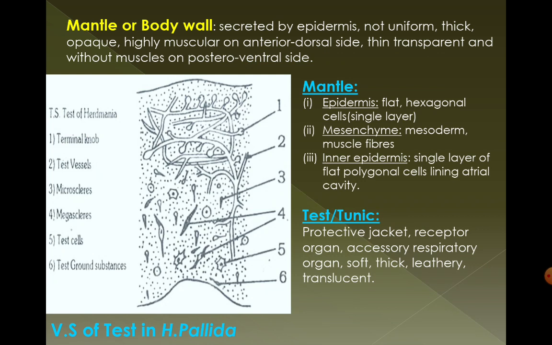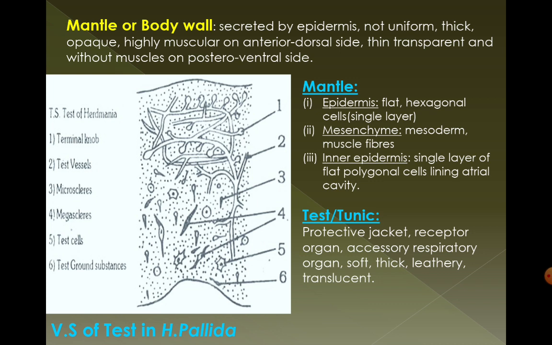It acts as an accessory respiratory organ. We all know that accessory respiratory organs means additional structures that perform the job of respiration. And it is soft, thick, leathery and translucent.